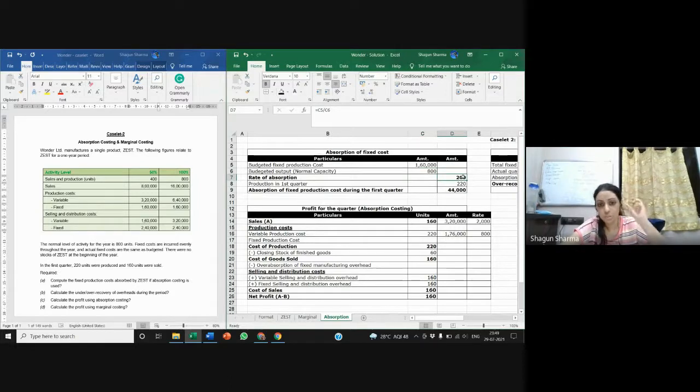Now technically what I want to drive home here is that वेरिएबल में भी अपन ऐसा ही रेट निकालते थे, but in variable that rate is correct because variable per unit से change हो रहा है. फिक्स्ड कॉस्ट है ना, वो per unit से नहीं change हो रहा है, मैंने arbitrarily उसको बना दिया per unit, just for the purposes of finding my estimate. तो मेरे को ये रेट आ गया 200, and then my production in the first quarter was 220 units.